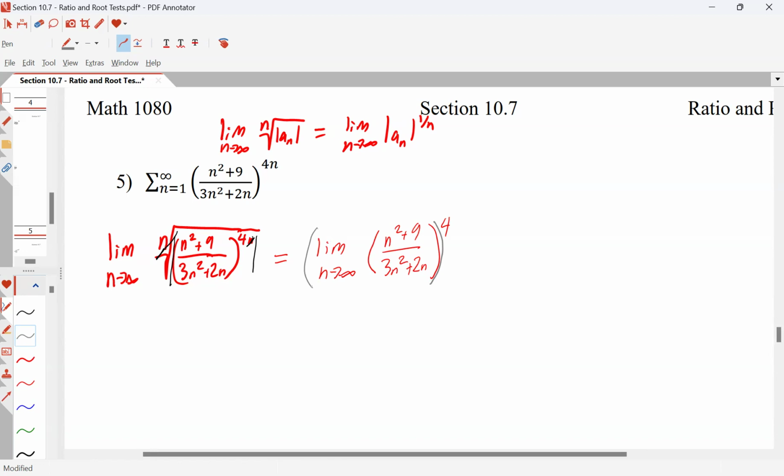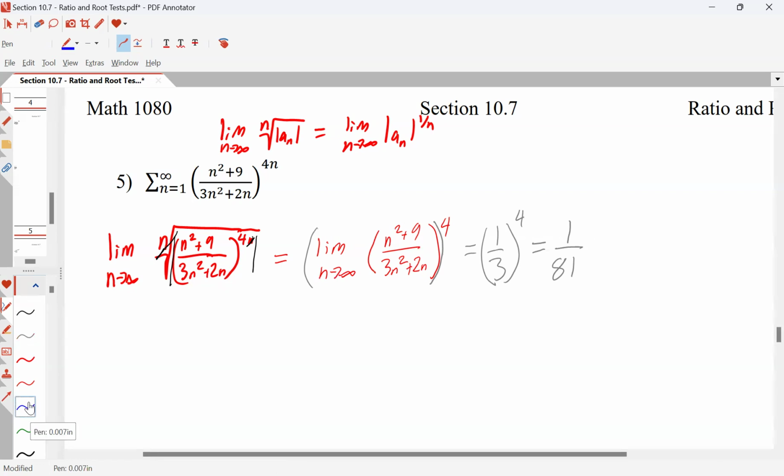And that inside piece is a rational, where we know how to take the limit of a rational. We have the same degree. So we look at those coefficients. And so that limit of (n squared plus 9) over (3n squared plus 2n) is 1/3. And we raise it to the 4th from this exponent of the 4th. And this comes out to be 1 over 81.